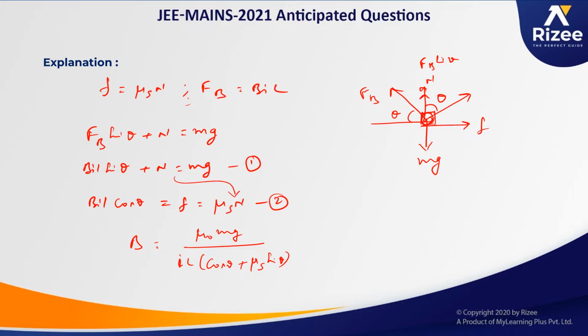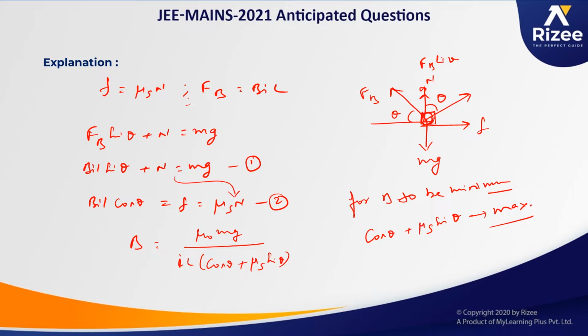Now, for B to be the minimum, this cos theta plus mu s into sine theta should be the maximum.